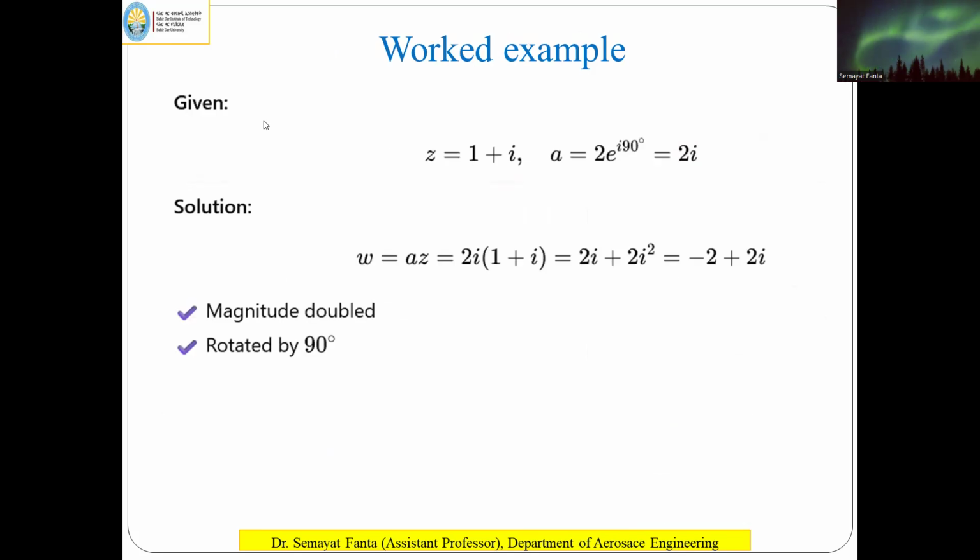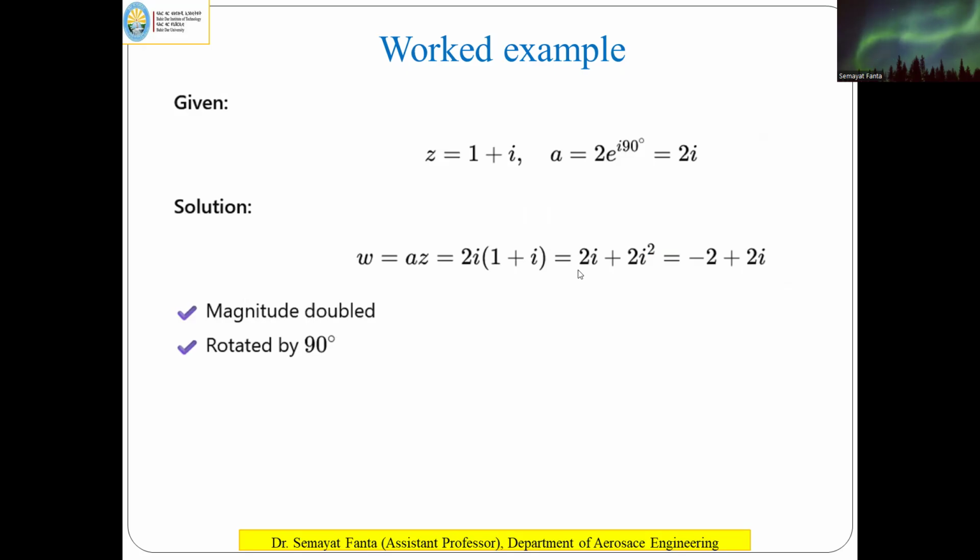So let's take an example. Z equals 1 plus i is the given z point, and a equals 2 times e raised to i 90, which equals 2i, because e raised to i 90 is i. Therefore, w equals az, which equals 2 times i times z, where z is 1 plus i.